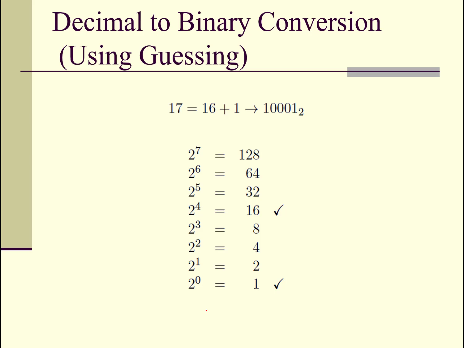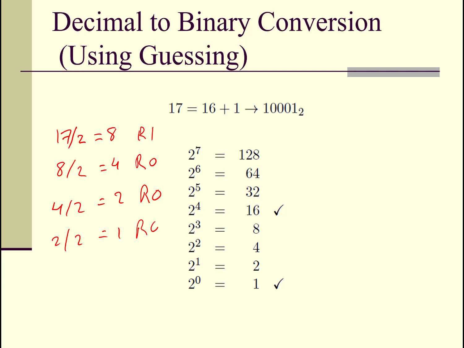If you do this in the same way we did before, 17 divided by 2 equals 8 and R1, or remainder 1, and then 8 divided by 2 equals 4, remainder 0, and then 4 divided by 2 equals 2, remainder 0, and then 2 divided by 2 equals 1, remainder 0, and then finally 1 divided by 2 equals 0, remainder 1, right?